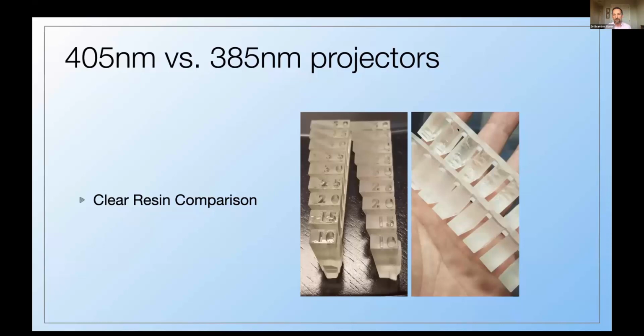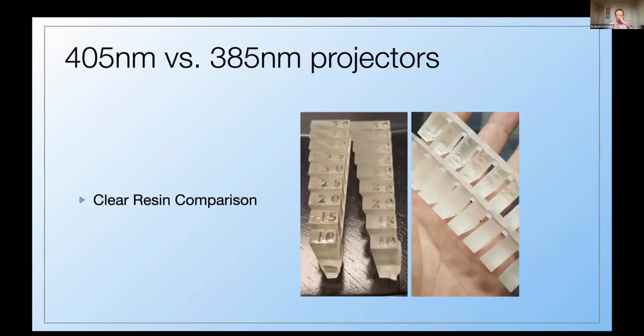This was a test print done by Stephen Gardner from OrthoSelect, and he was comparing the same printer. They swapped out the projector for the 385, and you can see what this test was doing is that they were printing different degrees of overhangs. And if you'll notice, the 385 nanometer printer, that image is just perfectly sharp and flat.